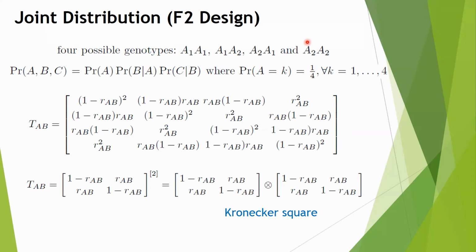All right. So for F2 design, for each of the three loci, we will have 4 possible genotypes, right?